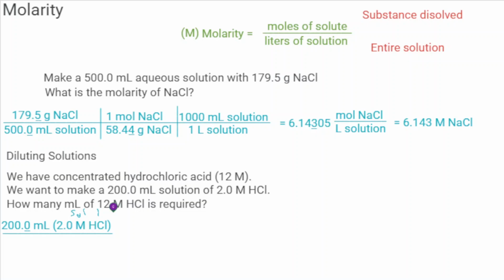Then we can say for every 1,000 milliliters of solution 1 or 2 molar hydrochloric acid, we will have 1 liter of 2.0 molar hydrochloric acid, or again we can say solution 1.